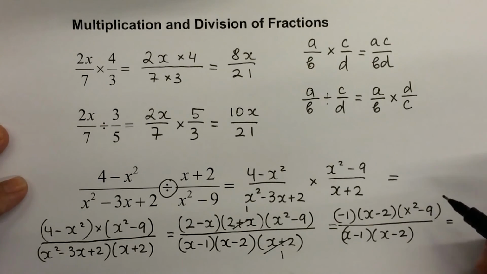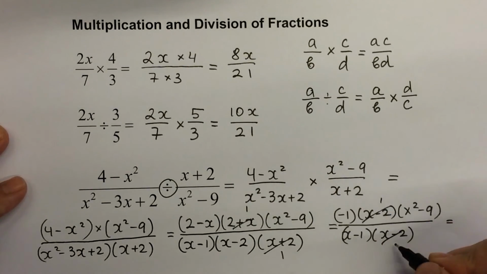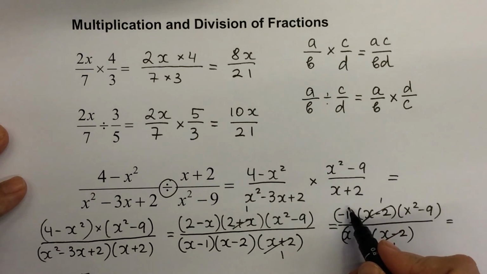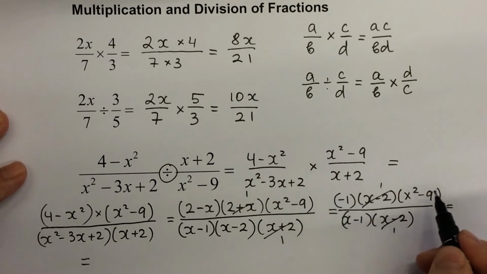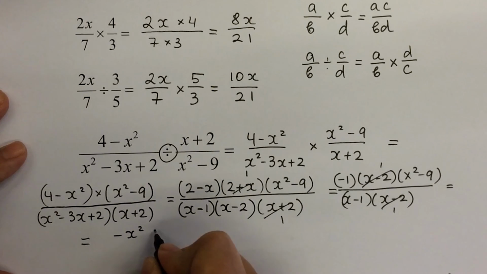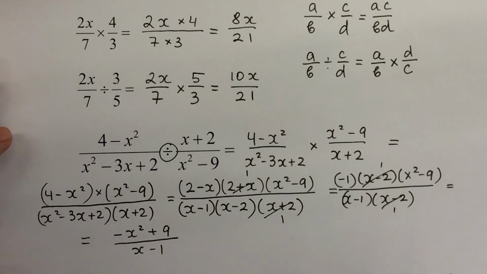So now I have exactly the same terms in both numerator and denominator, I can cancel them out. And to finalize, I'll remember this minus 1. Yep, so minus 1 times x squared minus 9. That gives me the following. Minus x squared plus 9, that would be my numerator, over x minus 1, that would be my denominator, and I can't simplify it further.